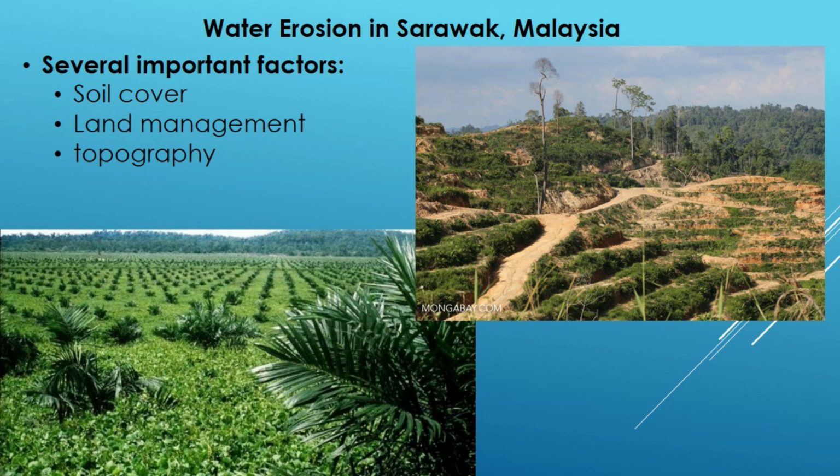Topography is one of the important variables in water erosion. The degree of steepness as well as the slope length is important. A steep slope has a high runoff water velocity, which increases its erosive energy.